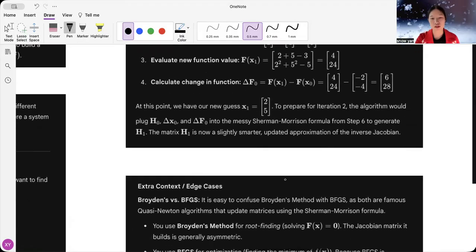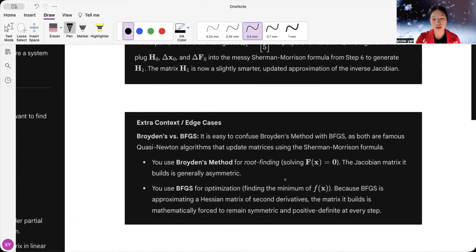So it would just do like that. And here it's saying Broyden's versus BFGS. Broyden's is for root finding, and BFGS is usually for optimization, for finding the minimum.